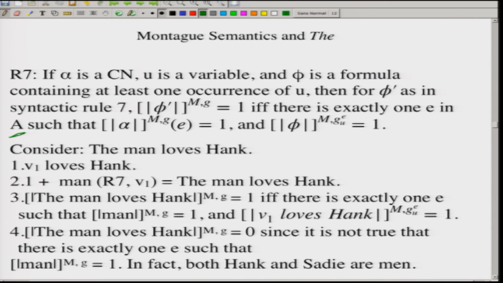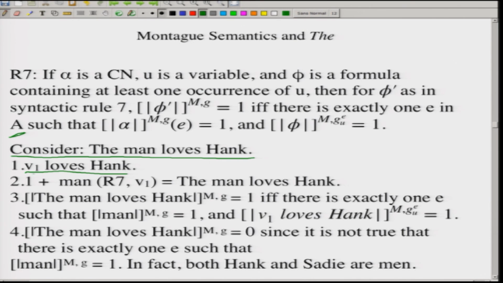So, we need to understand what this phrase is trying to do. Look here, we consider just one sentence: the man loves Hank. Is it a true statement or not? Of course, it is a statement. Now, what is the derivation? It starts with V1 loves V2, V2 is replaced by Hank, but we are not getting into that.